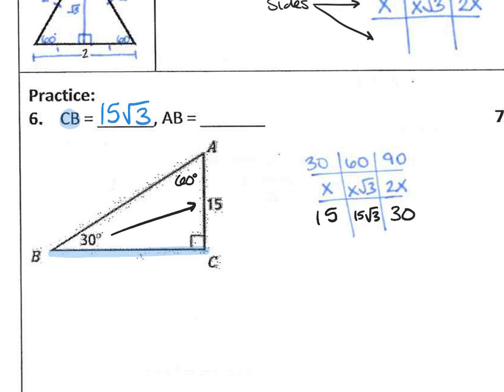It's just the number right underneath the 60. Okay, the second question here asks you for AB, which is here. How long is AB? Ooh, across from AB means I'm across from the 90. So if we look at the 90 column, what's there? 30.